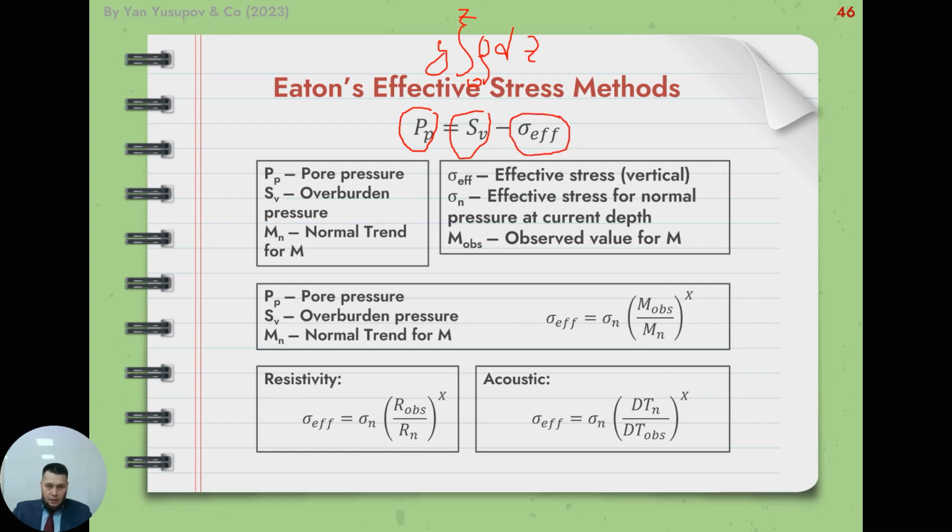Yes. Effective stress can be written as a function of resistivity, porosity, density, acoustic, dx point, etc. This method will be considered by me in future slides.